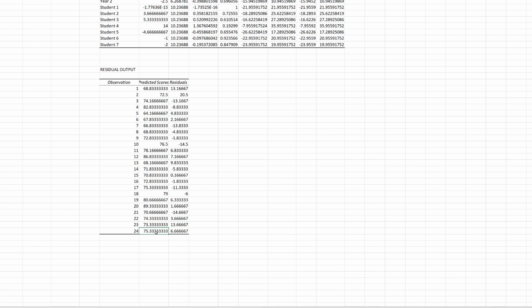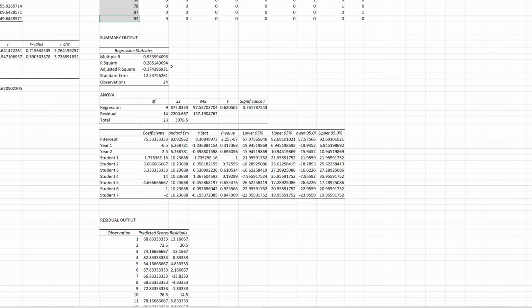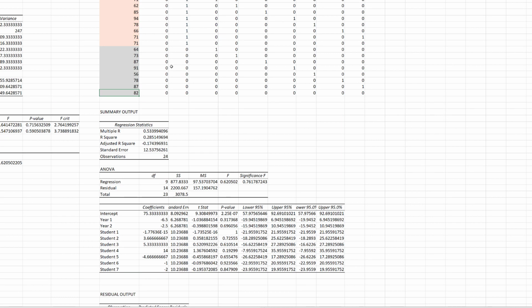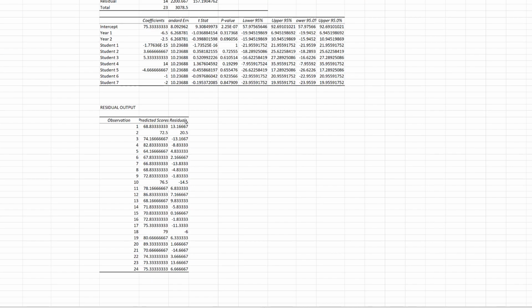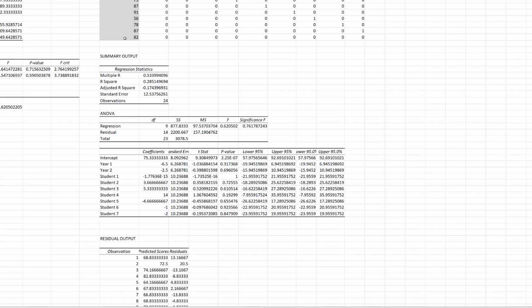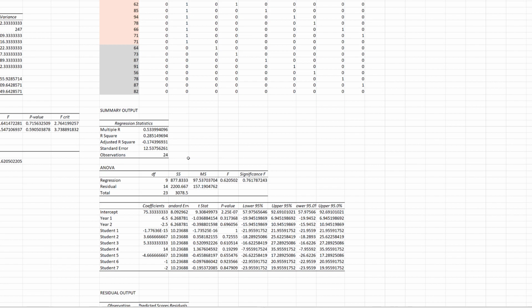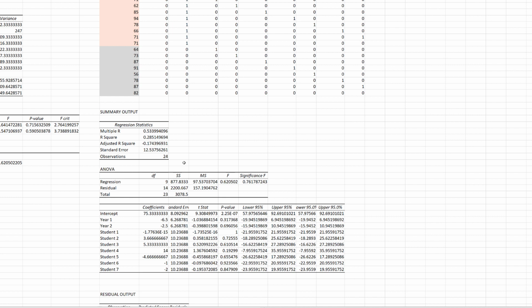If you add 75.33 and 6.67, you will get the score that they actually had of 82. Because again, the residual is the difference between what is predicted and what they actually scored, which is 82. That's why our residual is 6.67. So we apply the indicator variables to the coefficients in the exact same way we did before.